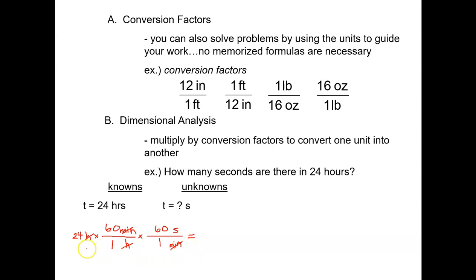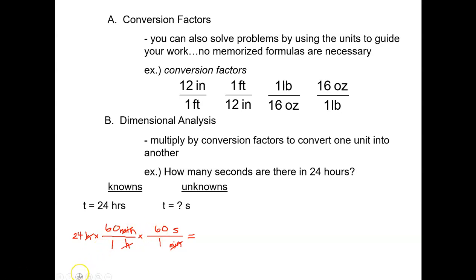So what is this telling me now? Well, on my calculator, this tells me I need to take 24 times 60 times 60. Technically, it's also saying I should divide by 1 and then divide by 1, but I don't have to divide by 1. That means the same thing. So 24 times 60 is what you're looking for.